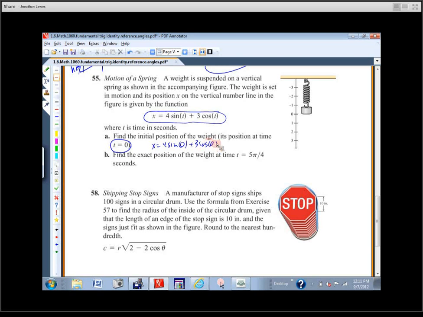And because you've got these all memorized on the unit circle, the sine of 0 is 0. So 4 times 0 is 0. Cosine of 0 is 1. So this would be 3 times 1. So the answer on this one is 3. Where is it to start with? It says it's at 3.